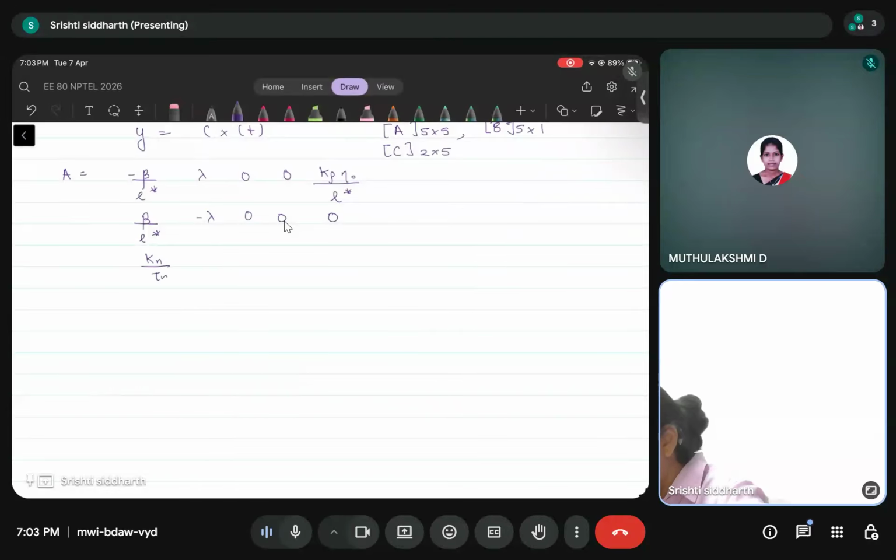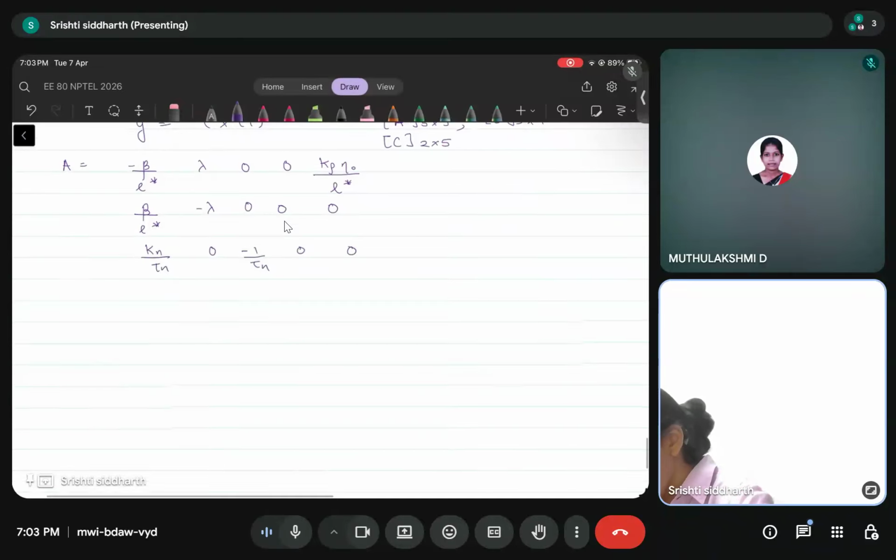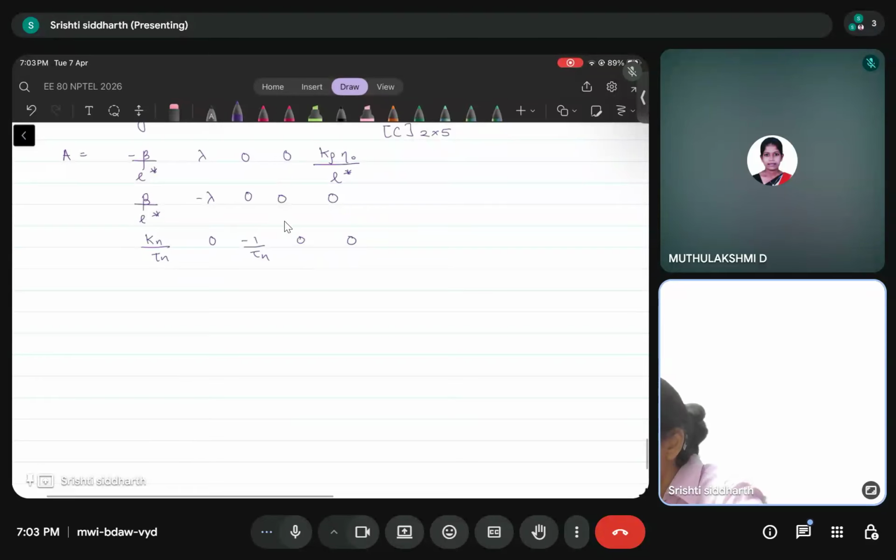Kn over tau n, 0, 0, and 0. These are 3 rows. So 0, 0. This is A.